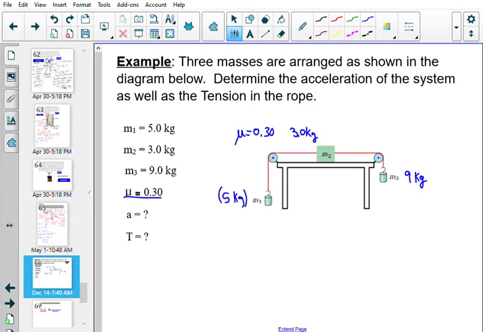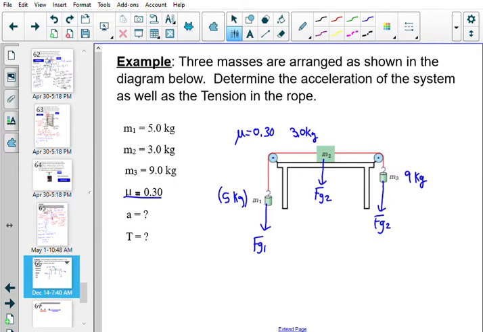So I need to draw lots of forces. I've got gravity pulling down this way, Fg1. I've got gravity pulling on the rope over here. That's Fg3. I've got gravity pulling down on block 2, which is not pulling on the rope, but it's going to be a factor in friction.